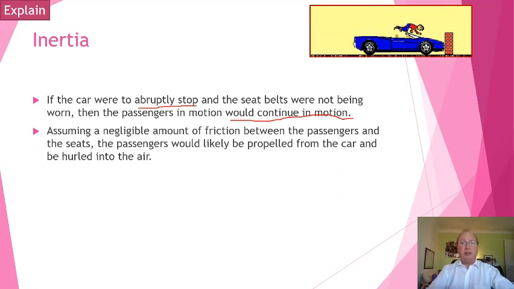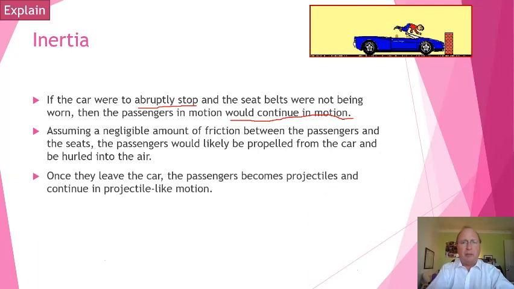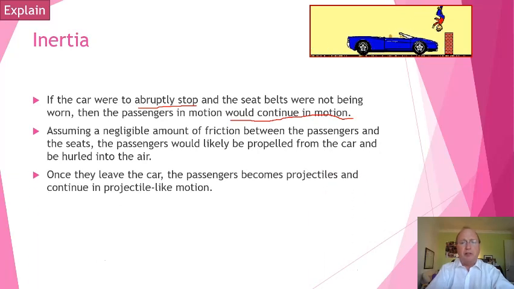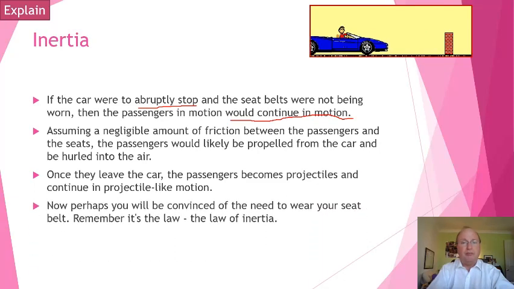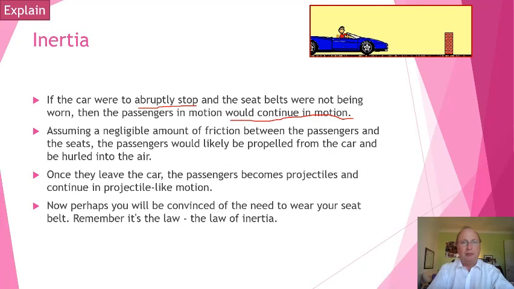Assuming that there's negligible friction between the passengers and the seats, the passengers would likely be propelled from the car and hurled into the air. Once they leave the car, the passengers become projectiles and continue in a projectile-like motion. And perhaps that might convince some of you of the need to wear your seatbelt. Remember, it's the law. That's the law of inertia.